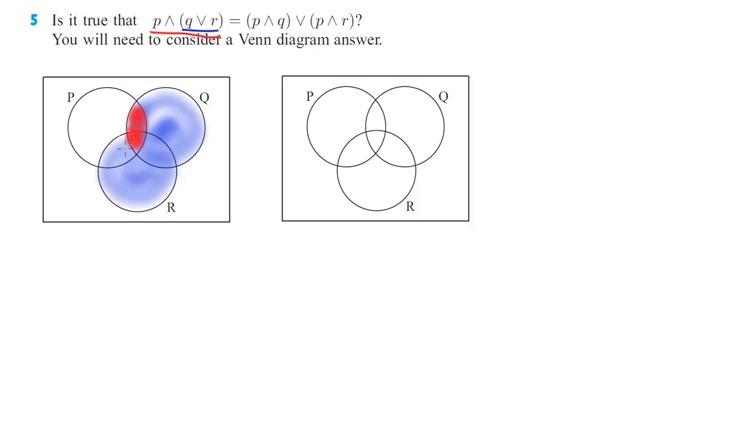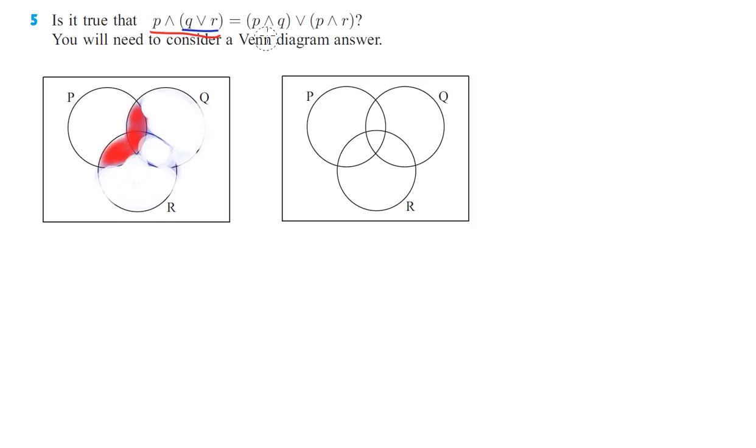Okay, so that's where P overlaps with Q or R. Okay, so it's just the red section is what we're looking at for this, not the blue. Okay, so I'm going to just erase the blue stuff in here to hopefully make this a little clearer. I know that this is not the most perfect eraser, but hopefully you get the idea.